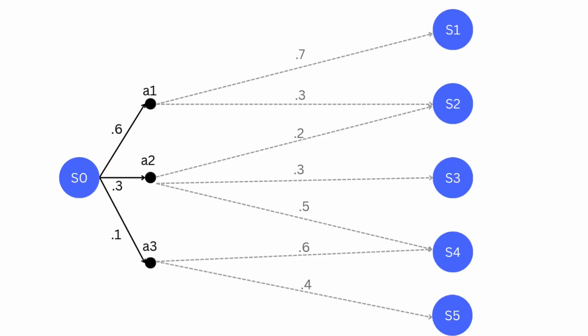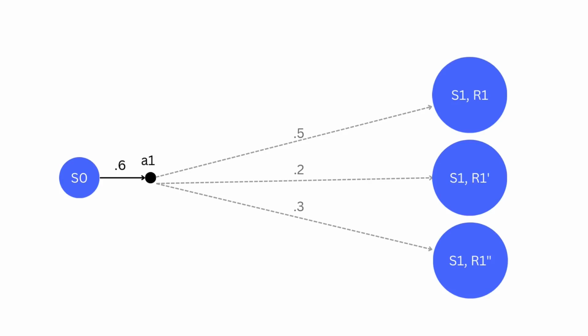It is also important to note that the reward received after reaching a certain state may not be fixed. It might vary each time that same state is reached. This means the reward is non-deterministic, and this variability must be taken into account as well. For example, to avoid cluttering the graph, let's zoom in on state S0, action A1, and the resulting state S1.